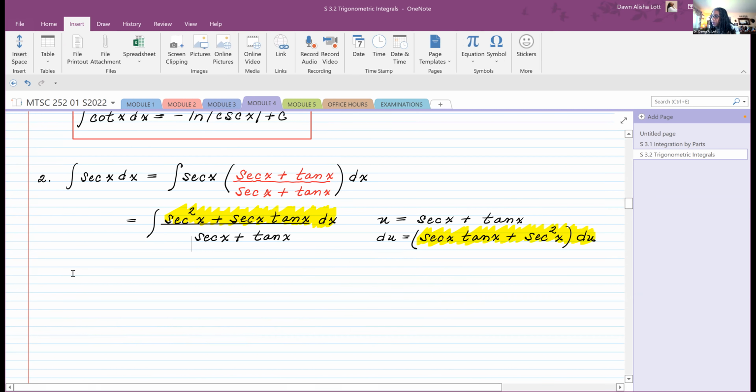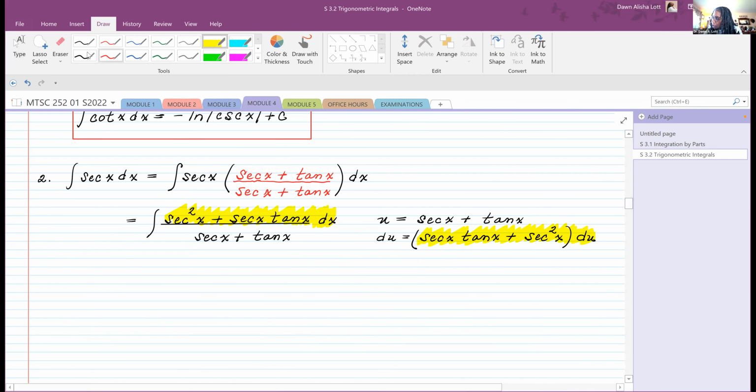So we get that the integral becomes, the numerator is just du, and the denominator is u. So this is the log of the absolute value of u plus a constant.